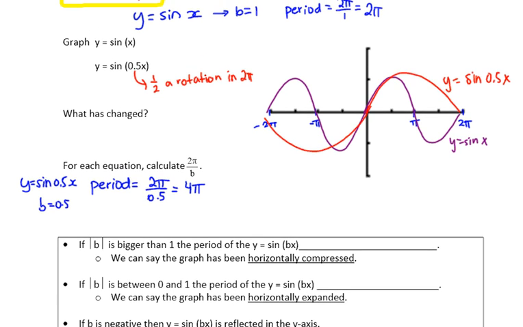So if b is bigger than 1, then it's compressed, like you said. When it was smaller than 1, like the 1/2, what happened to our graph here? Did it expand or was it compressed? It was expanded.